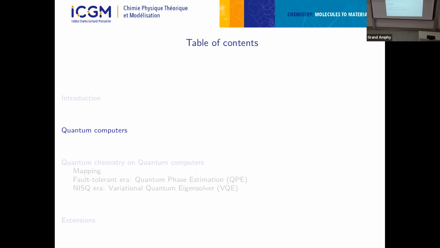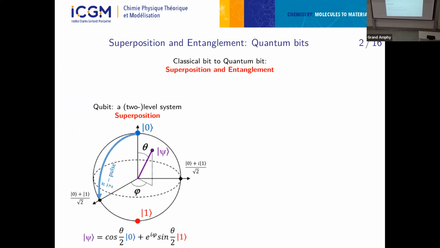So quantum computers, what are they? And why are they useful to solve the problem that I mentioned? First of all, quantum computers were introduced by Feynman in the early 80s. Feynman just said, maybe to solve a quantum problem, we need a quantum machine. He was mostly thinking about simulating a quantum problem with another quantum system. The one I'm talking about today is not a simulation of a physical problem with a quantum computer.